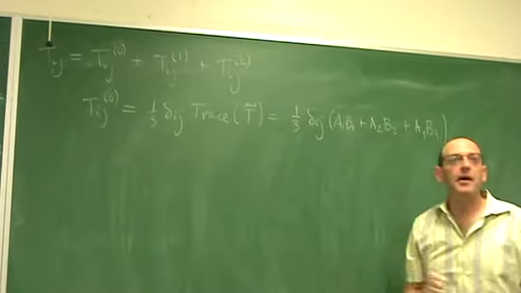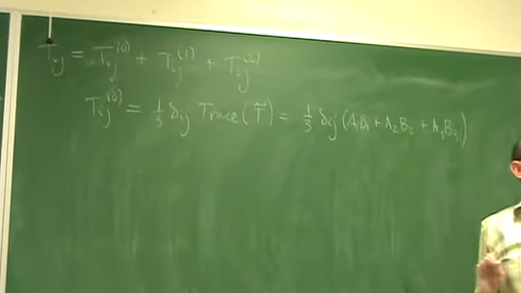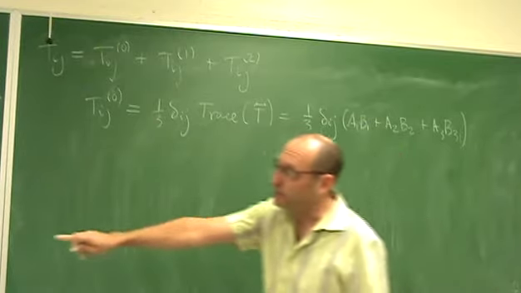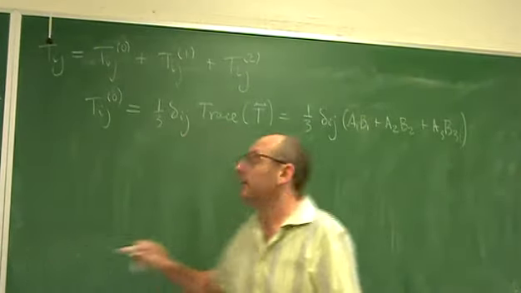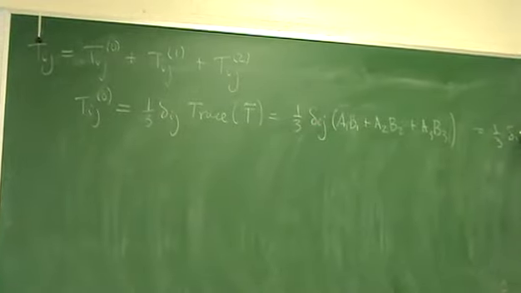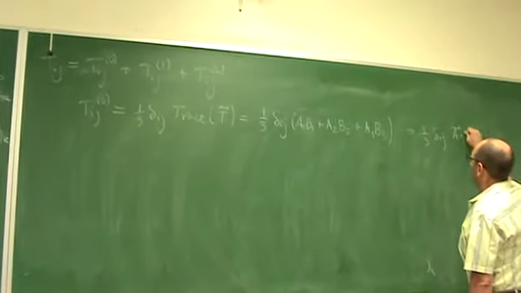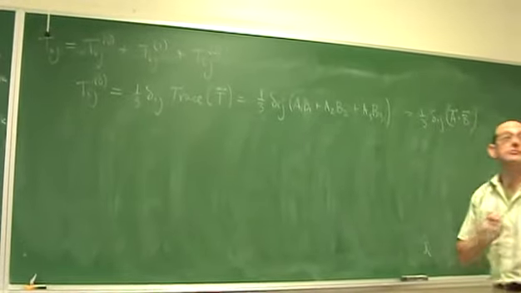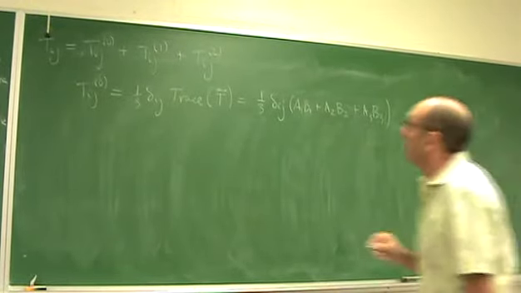The trace, you remember, is the sum of the diagonal elements, and the diagonal elements is when i equals j. This, of course, is the same thing as 1/3 delta ij a dot b.